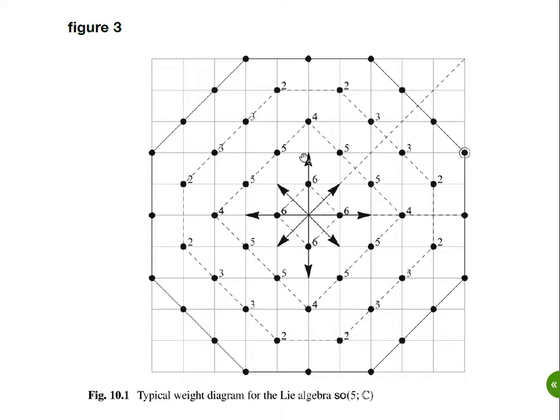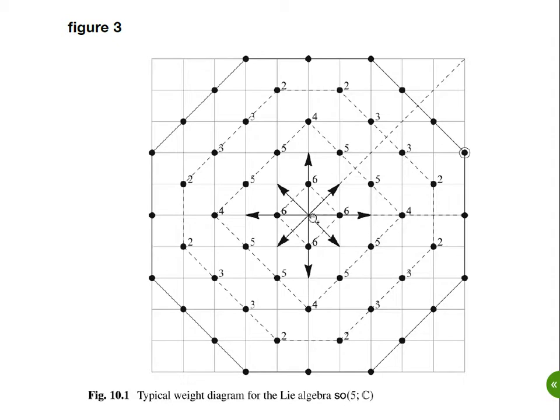And what are the weights? These are the roots, right? By the way, this is B2, or C2. I forgot which one it is for odd; they are isomorphic in this case anyway.